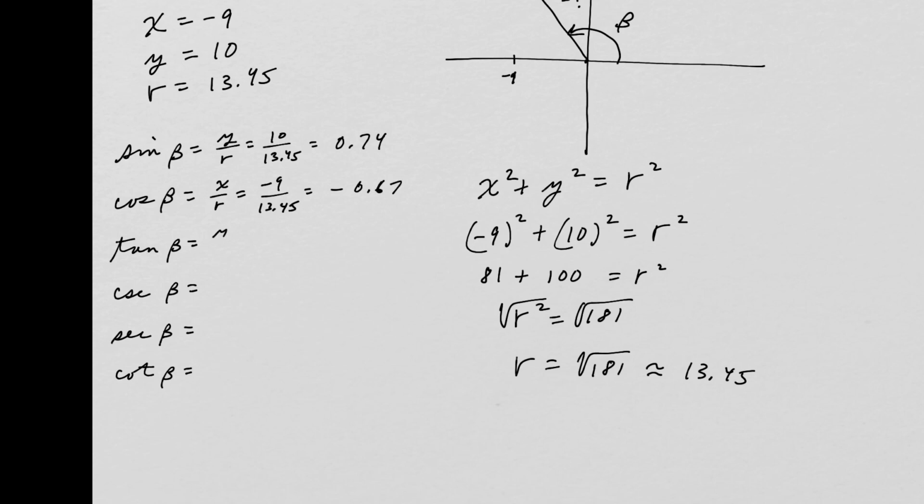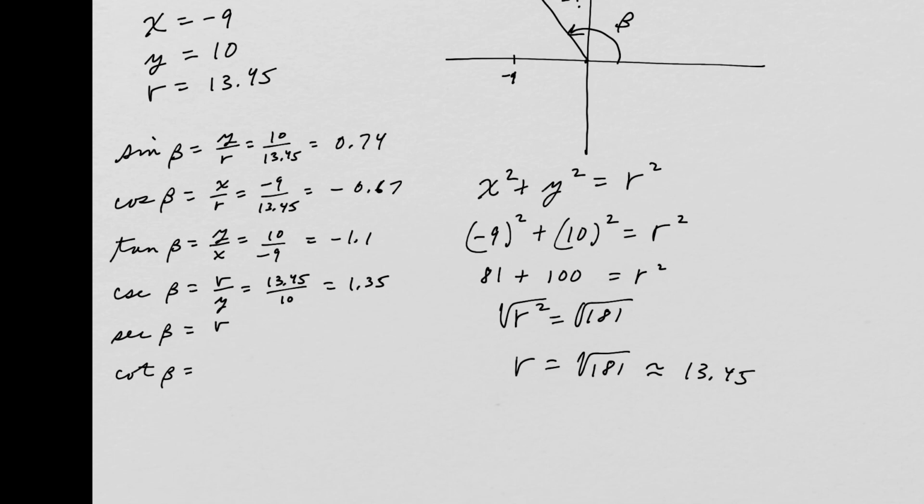Tan is y over x. So that's going to be 10 over negative 9. So that's around negative 1.1. Cosecant is 1 over sine. So if sine is y over r, this is r over y. So this would be 13.45 divided by 10. So it's 1.345. I'll round it 1.35. And then secant is 1 over cosine, but cosine is x over r.